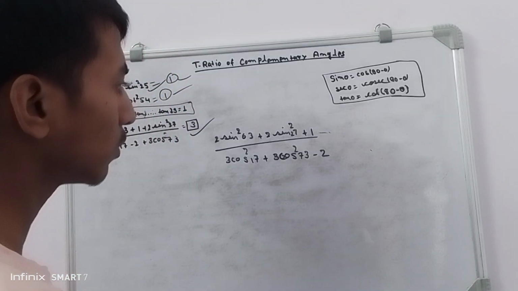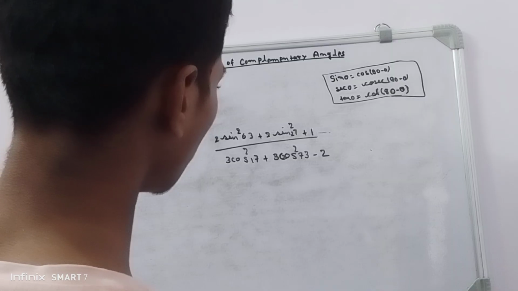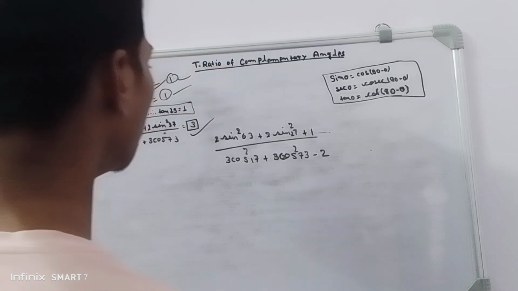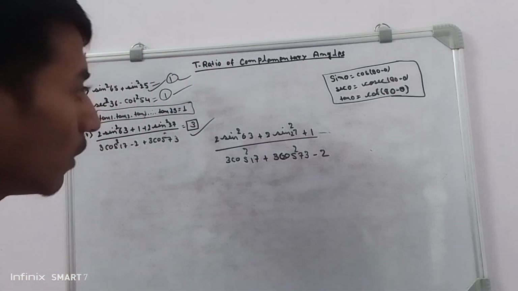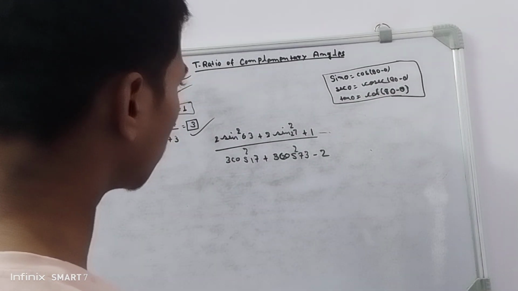How will you solve this one? This seems to be very interesting, but this is also somewhat difficult, because you have to prove this is all equal to this one. So how will you solve?